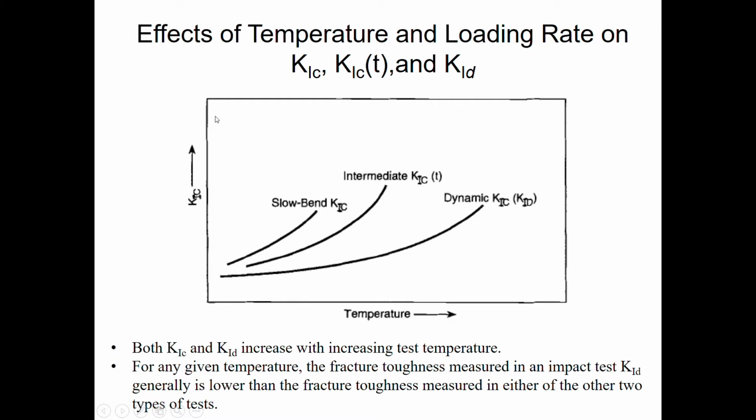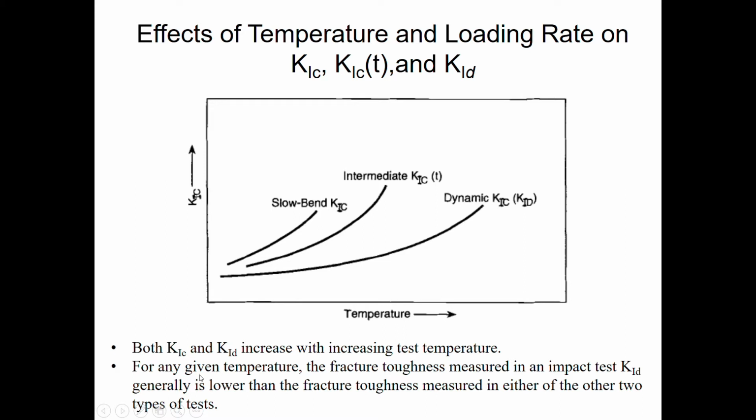So if you see the plot here, it is referring to the temperature versus the K1C for several types of condition: slow bend, intermediate, and dynamic. Both K1C and K1D increase with increasing temperature. With the increment of temperature, where it goes in this direction, you can see the K1C and K1D also increase.